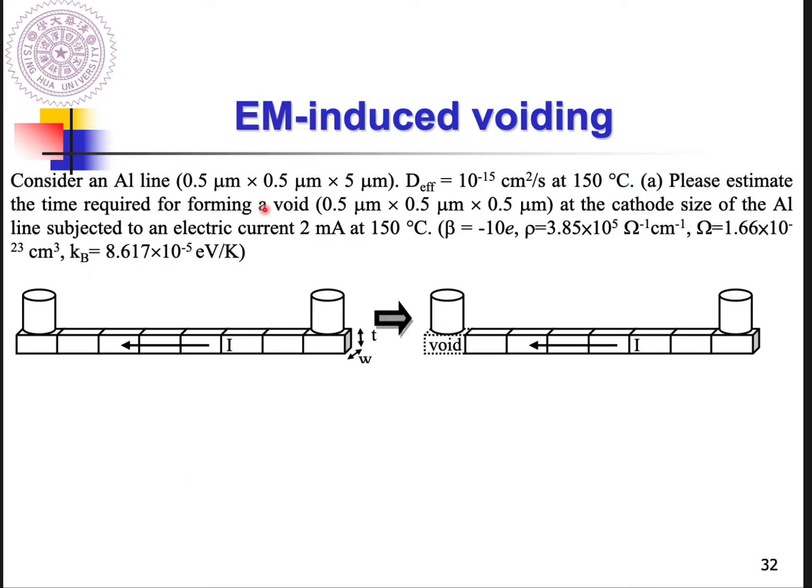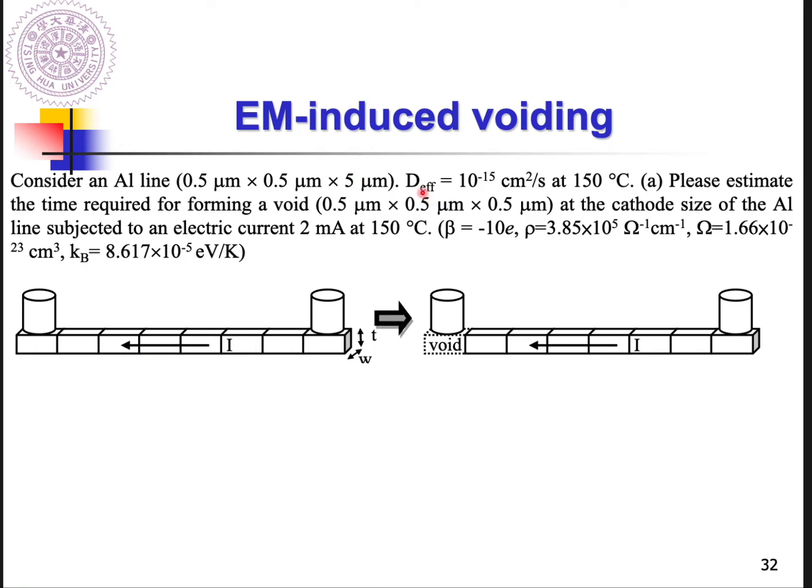Okay, so we are going to use this example to end these sections. This is what we have here. We consider an alumina line. This is the alumina line, and the diameter of this alumina is 0.5 micrometer, and the length will be 5 micrometer.